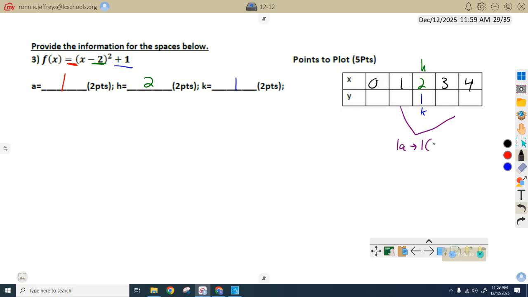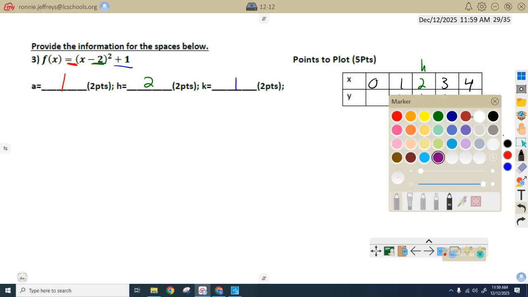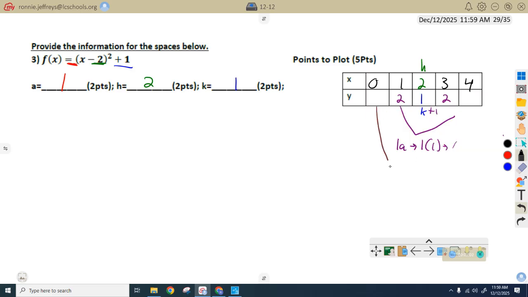So 1 times 1 is 1. So I add 1. 2 and 2. Then this one is 3A. So 3 times 1 is 3. So I add 3. So this would be 5 and 5.